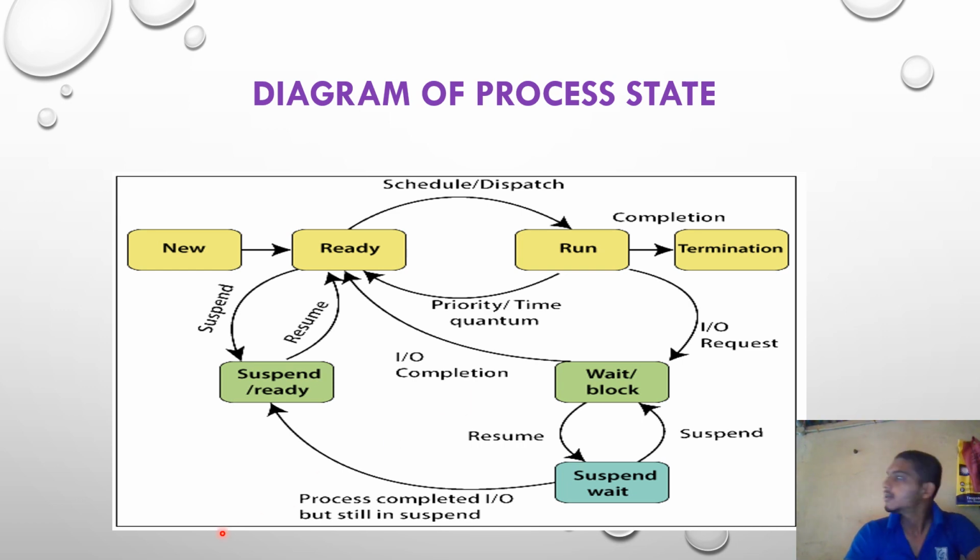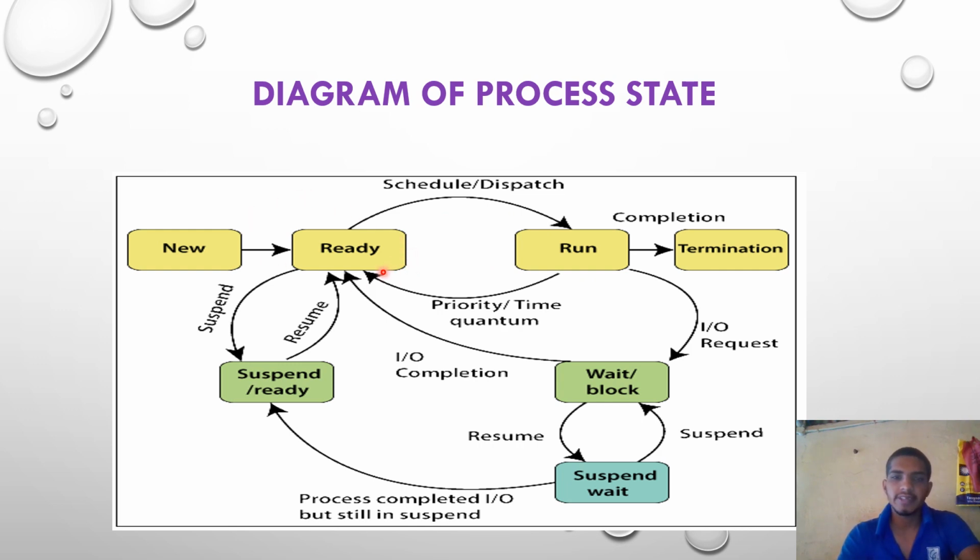So instead of moving a process from ready state to suspended ready state, we have a better option: to move the process from waiting state to suspended waiting state. Due to that, there is a chance to get new processes into the ready state, because we have cleared some space, since waiting state is present in main memory.